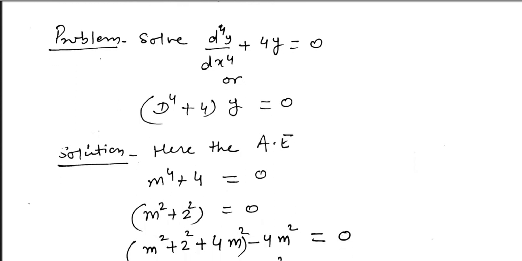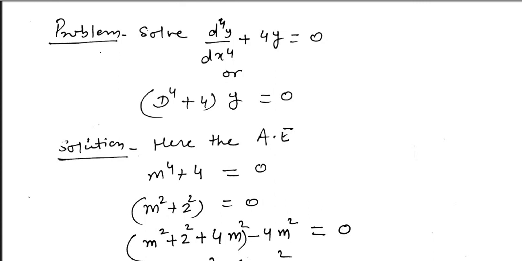The problem is you have to solve d4y upon dx to the power 4 plus 4y equal to 0. So here the auxiliary equation is m to the power 4 plus 4 equal to 0.